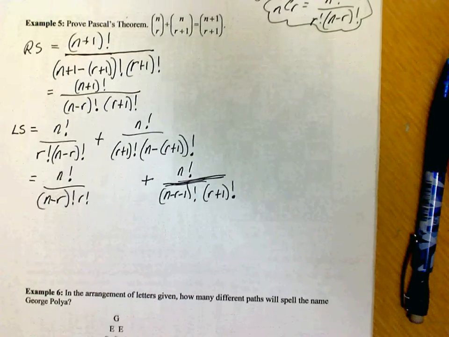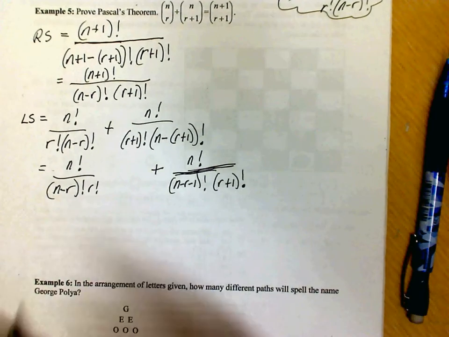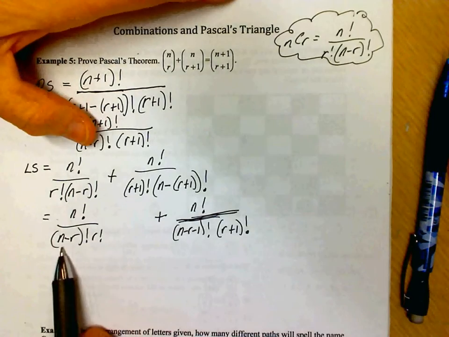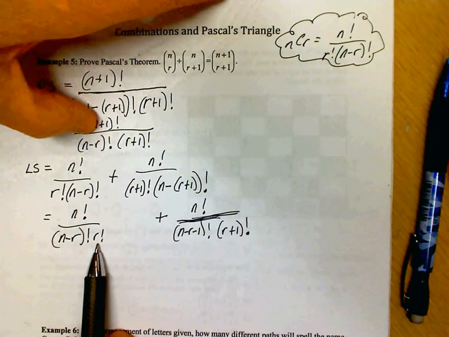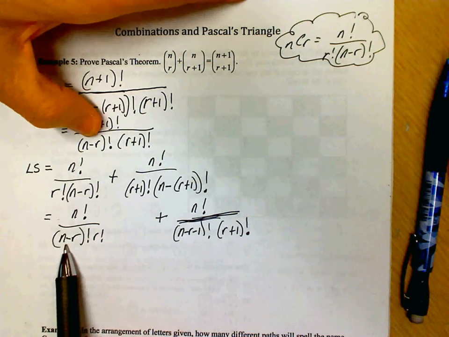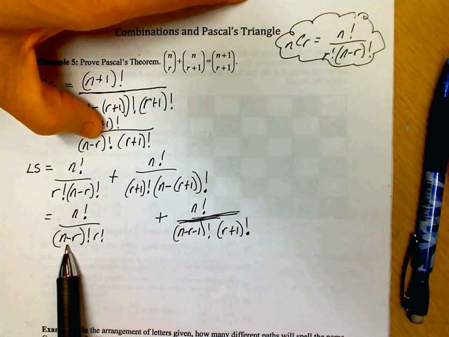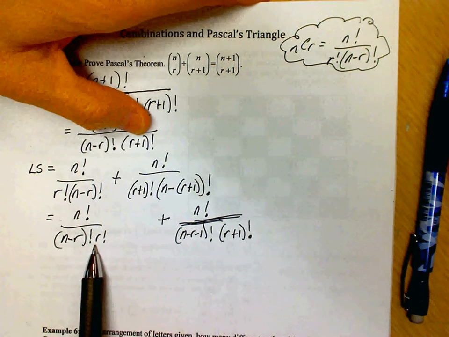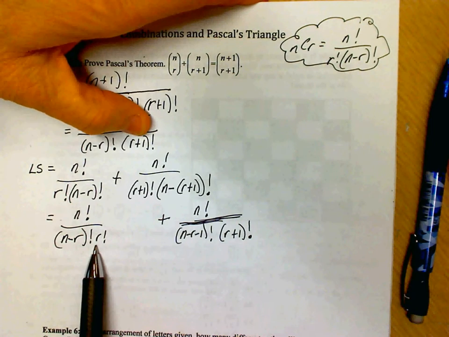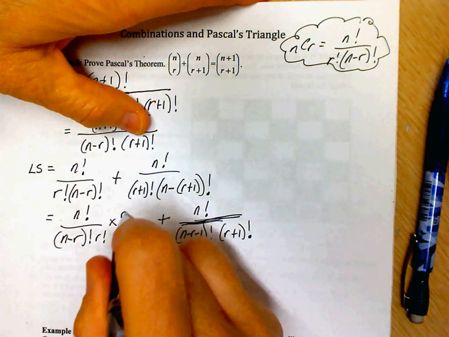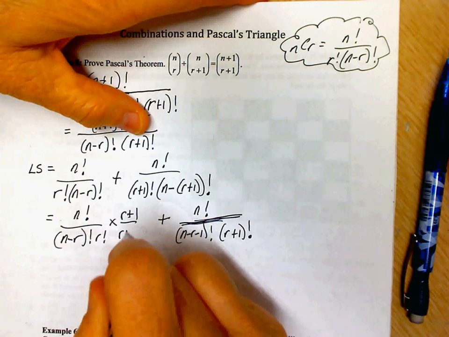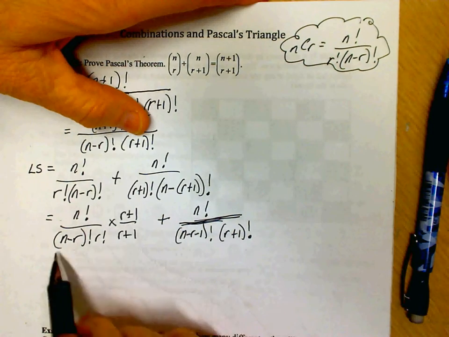So I want to compare this denominator to the denominator on my right-hand side. We've got the n minus r factorial, and I want to bring it up to r plus 1 factorial. So I'm going to have to multiply this by r plus 1 over r plus 1. I'm just multiplying by 1, so I'm really not changing anything.